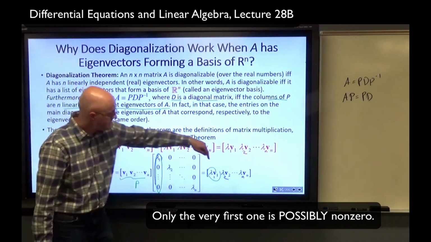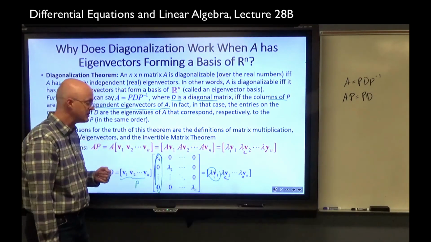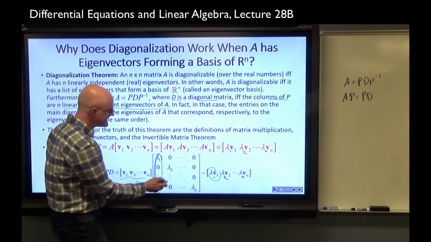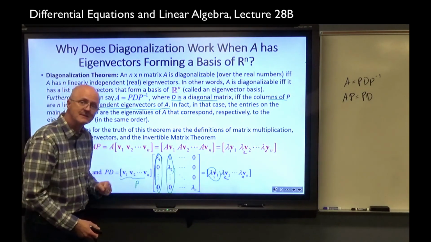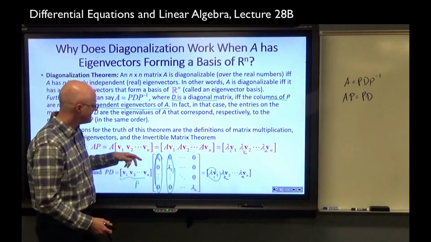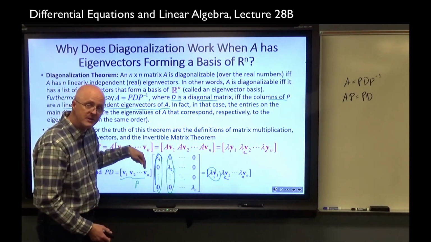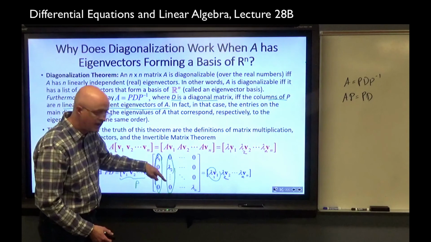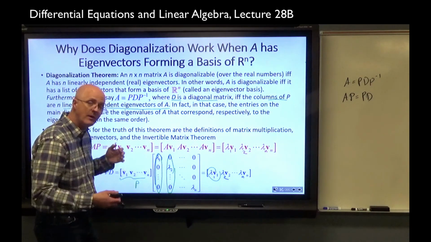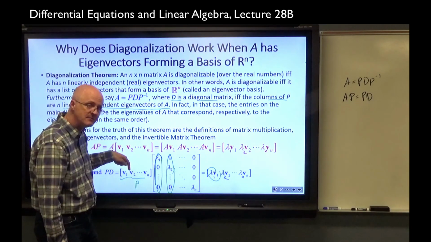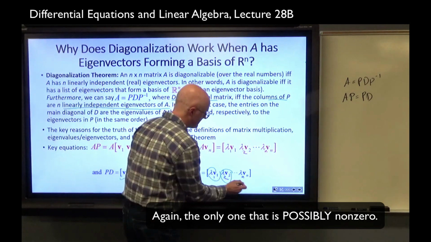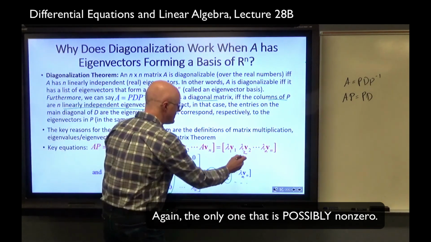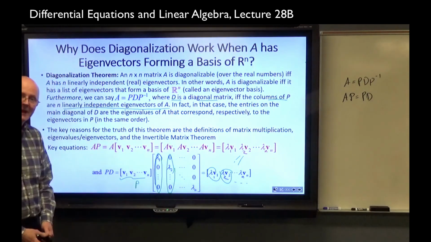For the second column, take the second column of this matrix, take P times it. Once again, take a linear combination of the columns of P with these numbers in this column as the weights. The only one that's non-zero is lambda 2 times V2, giving us this, etc. And these two matrices are the same, okay?